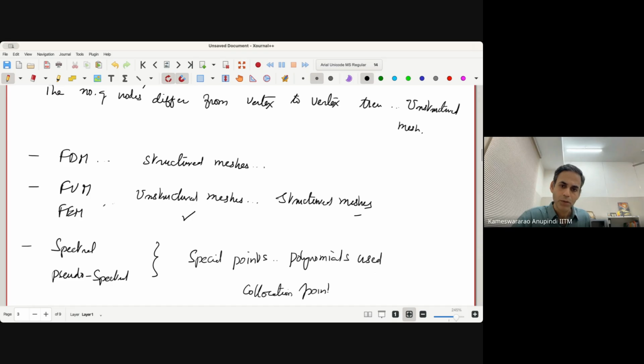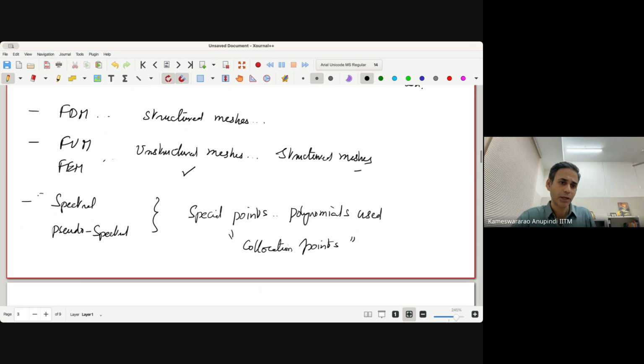So the underlying polynomials define where you should place these grid points. These spectral and pseudo-spectral methods are very powerful in that they have very high accuracy. However, they cannot be applied to solve solutions in complex geometries. That is the problem, but they have very high accuracy compared to all other methods.